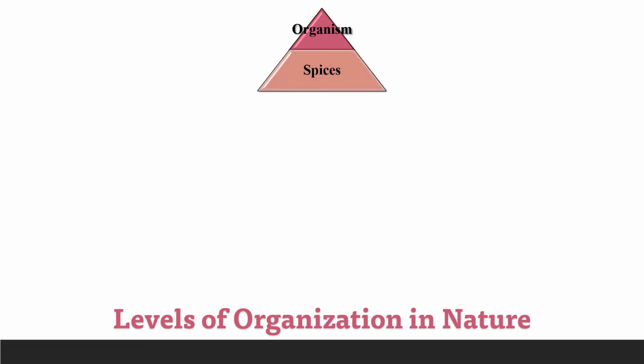Next is species, a set of organisms that resemble one another in appearance and behavior are called species. Next is population. The members of a species living and interacting within a specific geographical region are called population.